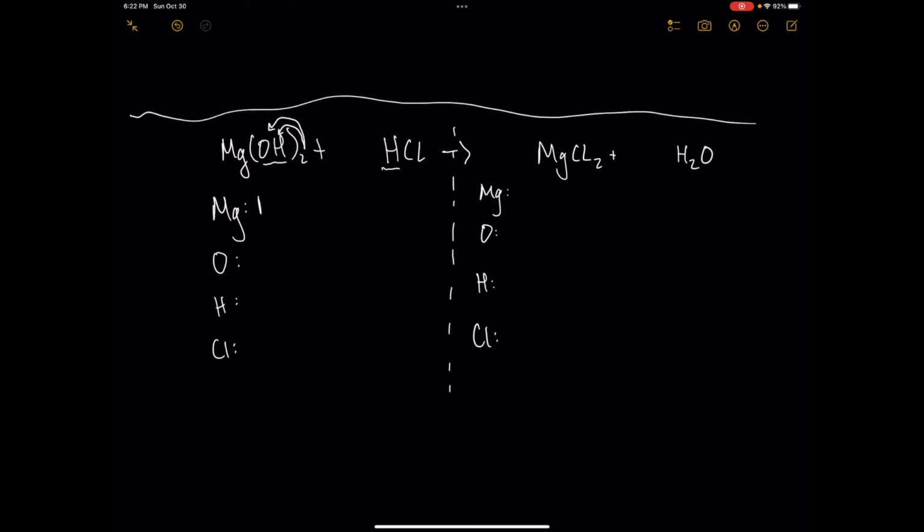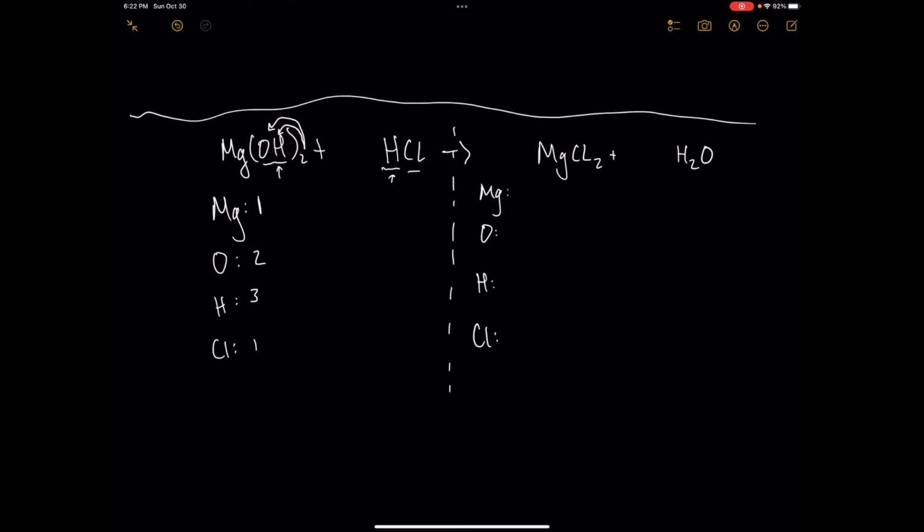So there are 2 oxygen atoms and there are actually 2 hydrogen atoms represented right here. Now when I'm counting hydrogen, I need to not forget the other hydrogen that's a part of that hydrochloric acid molecule. So I'm going to count those as well. So I'll have 3 total hydrogens and 1 chlorine atom.